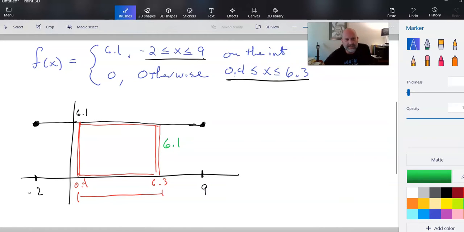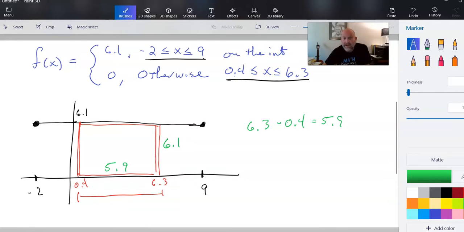The height of this thing is 6.1. We need the base, so that's going to be 6.3 minus 0.4, which ends up being 5.9, right? So you can plug that into your calculator, or if you want to do it by hand, that's fine. I actually encourage you to do it by hand. It's good practice. And then that means that we have 5.9 here.